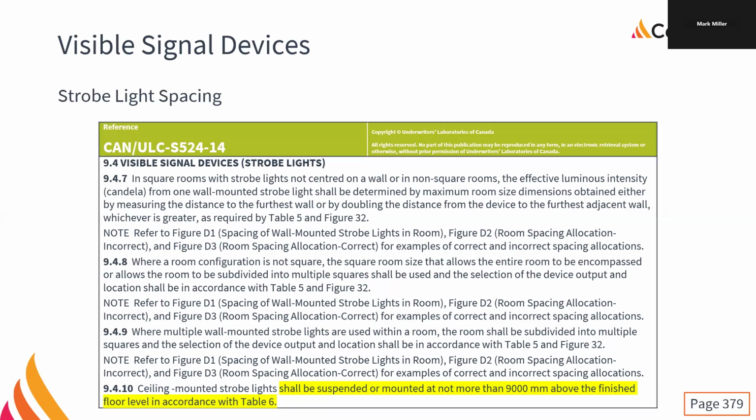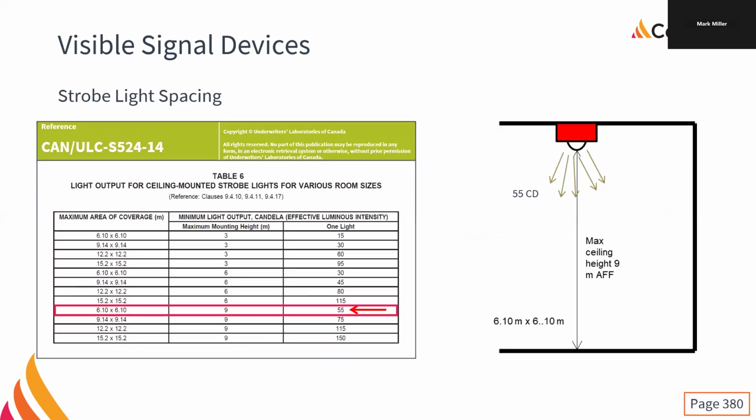Ceiling mounted strobes are great because they're up and out of the way, but generally speaking, it can be a bit of an issue. And often we have to use higher candela for the same areas if we are ceiling mounting them because we do not have the actual lens in line of sight. So we're relying a lot more on reflected light.